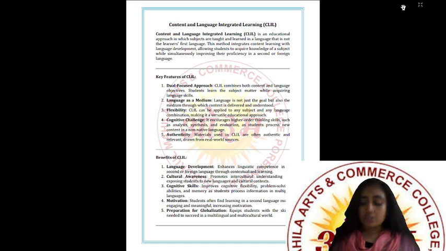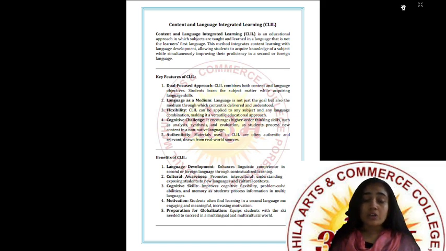Then the fourth one is cognitive challenge. It encourages higher order thinking skills such as analysis, synthesis and evaluation as students process new content in a non-native language.